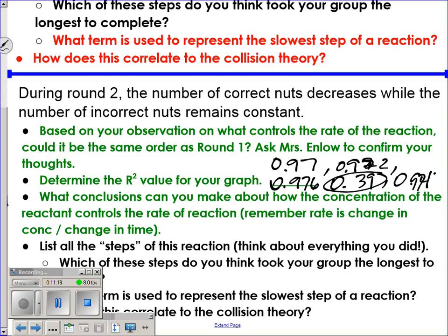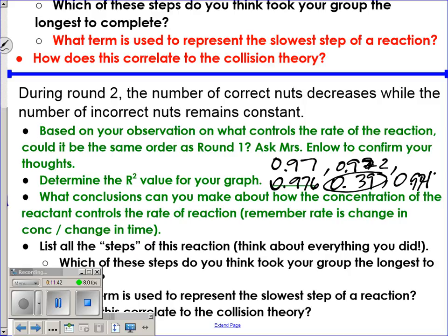The reaction took longer, so the combination took longer. As you had a lot of the correct screws, so 10 or so, it was pretty fast. But as you went down to 5 of the correct screws, the slope got kind of leveled out, it took a long time, right? And as you got down to 1 of the correct screw, good Lord, it took you like 10 minutes. I didn't do that, but it took you a while, right?